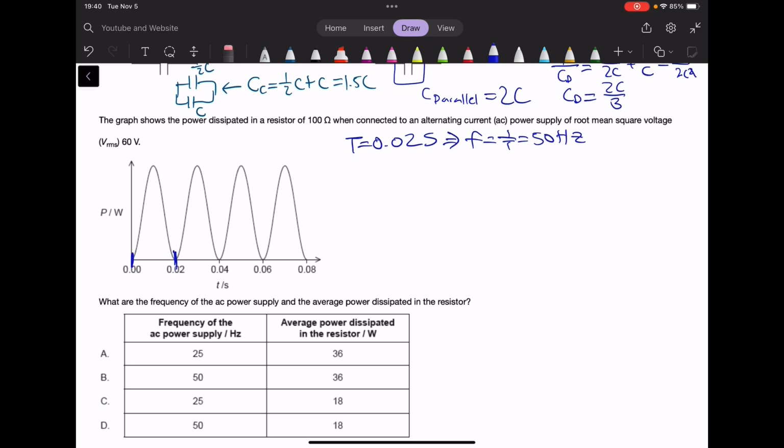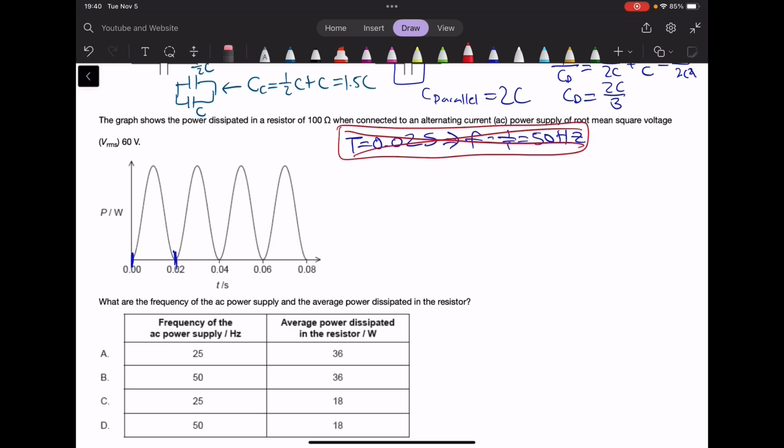This is wrong because when we calculate power, we take the square of current, so it's not possible for us to have a negative power, right? And this makes the way we calculate period a bit more tricky.